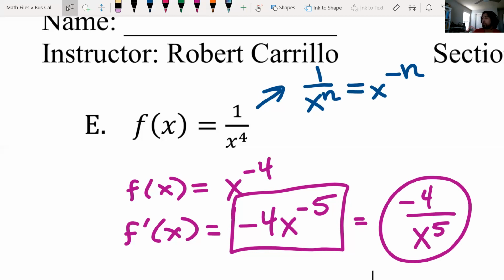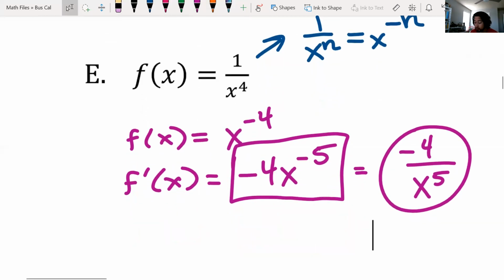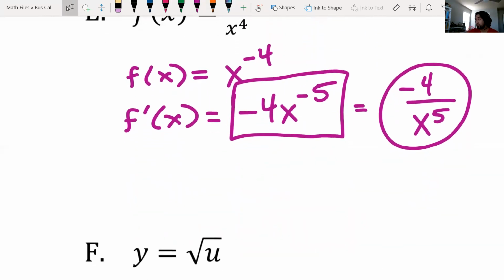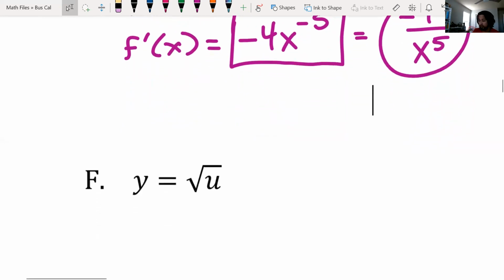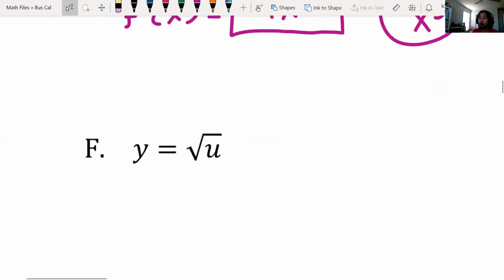So you see how we're introducing these algebraic properties, because remember, calculus is very heavily algebra based. So we need to use these properties in order to rewrite the function in order for us to take the derivative, which for f is another example. So y equals the square root of u.